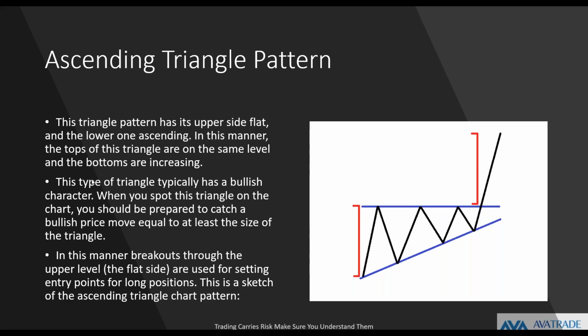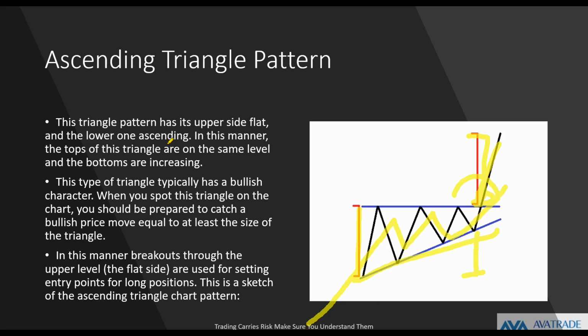Now, granted, we should be ready to catch a breakout equal size of the distance. If we follow the rules that we should always trade with a trend, the only breakout that we'd really be interested in is one that comes off of the trend, and this would have come off of an uptrend, and we would only consider a buy or a long position in that case, but it doesn't mean that it has a bullish character.